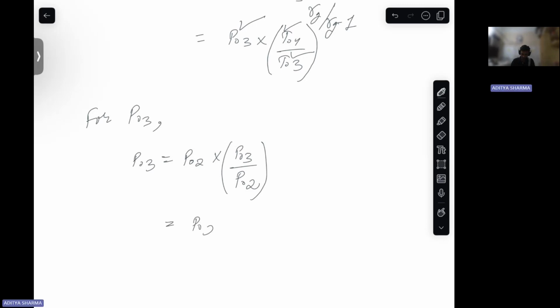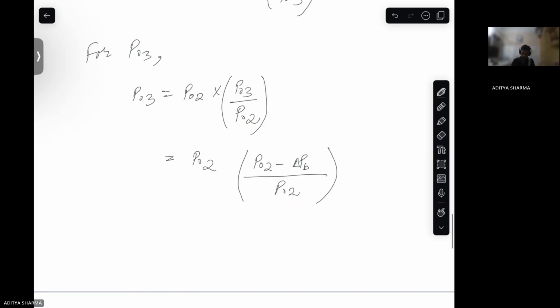This also can be written as P02 minus delta Pb by P02. This can be written this way. P02 into this becomes 1 minus delta Pb by P02.